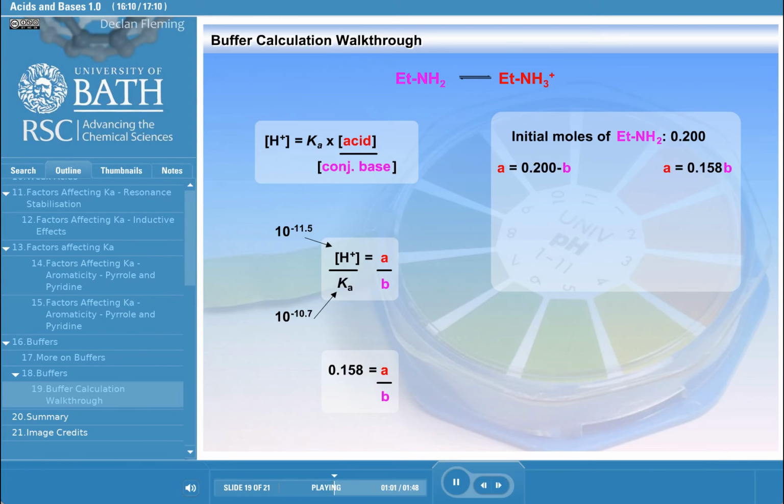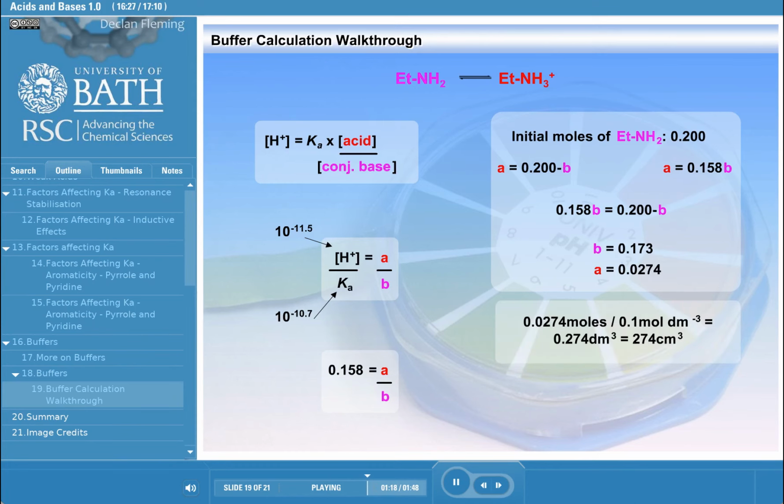We can write that in terms of A as well. That means we can combine our two equations, like so, and work out what B is. Once we have B, we can plug B back into either of the two expressions at the top to work out what A is.